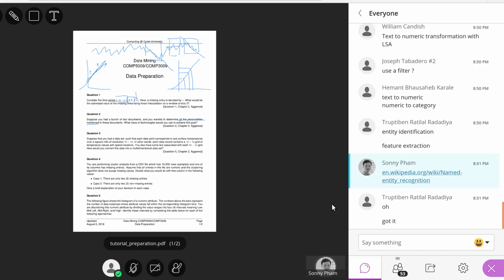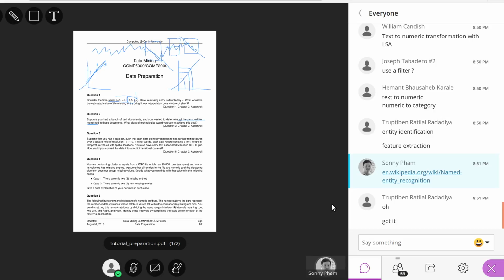Okay, so that's one. The next one is question number 4. I hope we have time for question number 4. So here we face a situation where we have to perform cluster analysis from a CSV file, and this CSV file has 10,000 rows or samples, right?